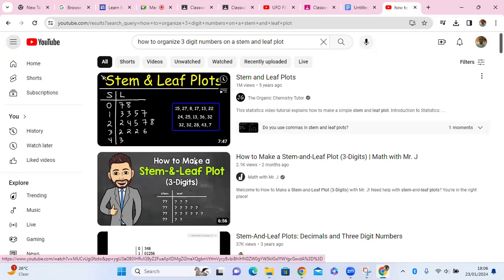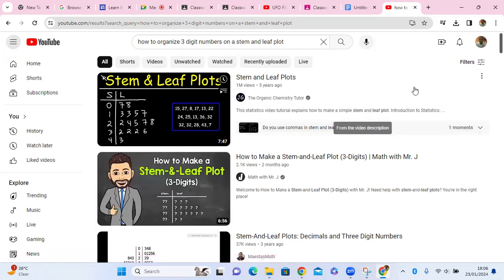These are 2 digits. These are 2 digits. How to make a stem and leaf plot with 3 digits. Okay, so you can do that.